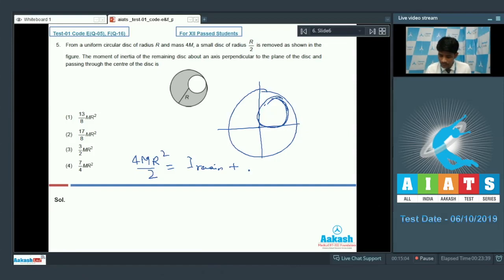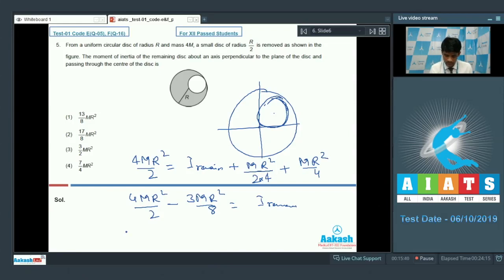So this portion, the mass is capital M, radius being r by 2, it will be r square by 4 divided by 2, moment of inertia about this axis, and plus mass being capital M, and this distance being r square by 4. So I would say 4mr square by 2 minus mr square by 4 plus mr square by 8. It will be 3mr square by 8 would be equal to I of the remaining portion about this axis.